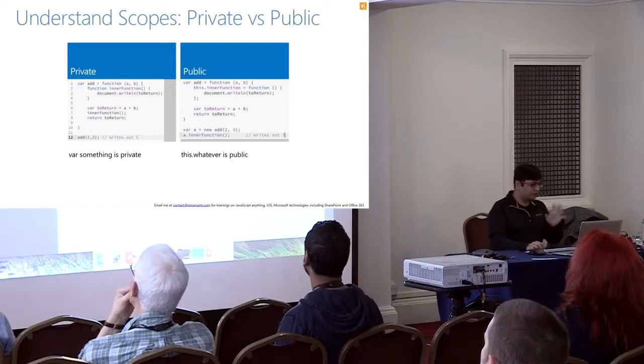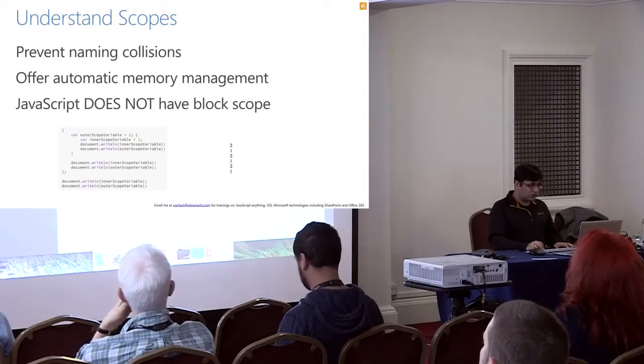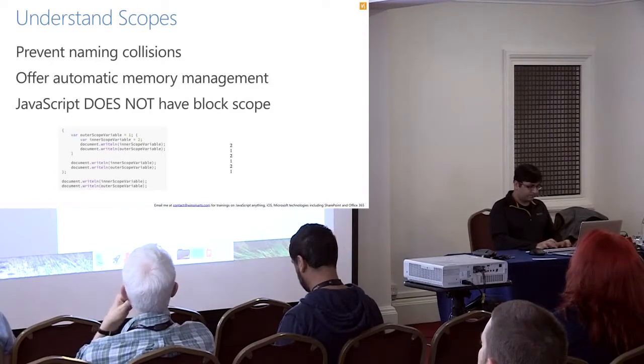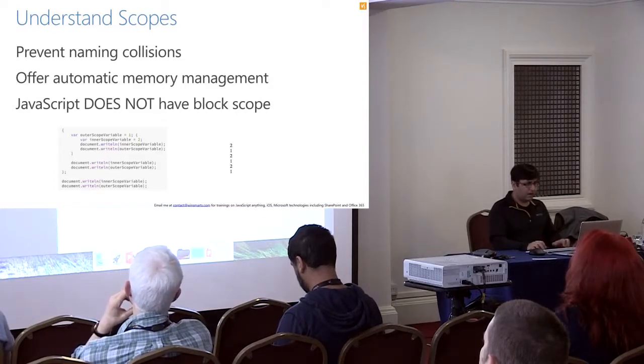So this is what I just did. And I'm going to go ahead and write a document.writeLine here for outer scope variable. I'm going to write a document.writeLine for inner scope variable. And I am going to write the same code over here and here.